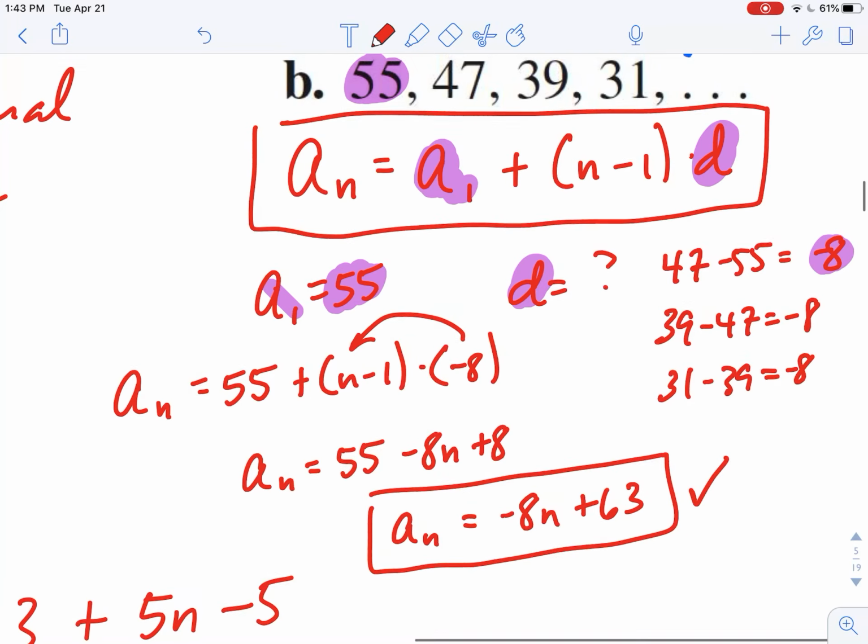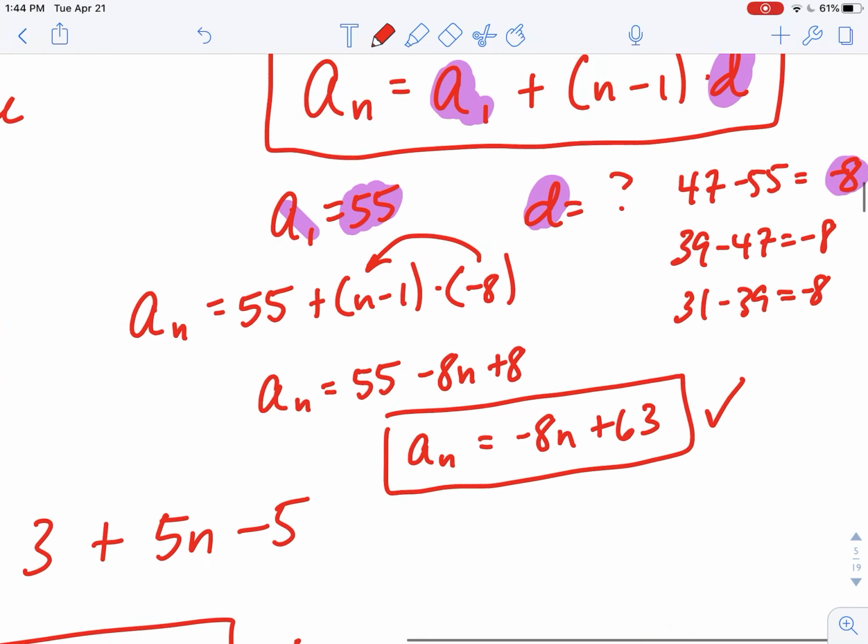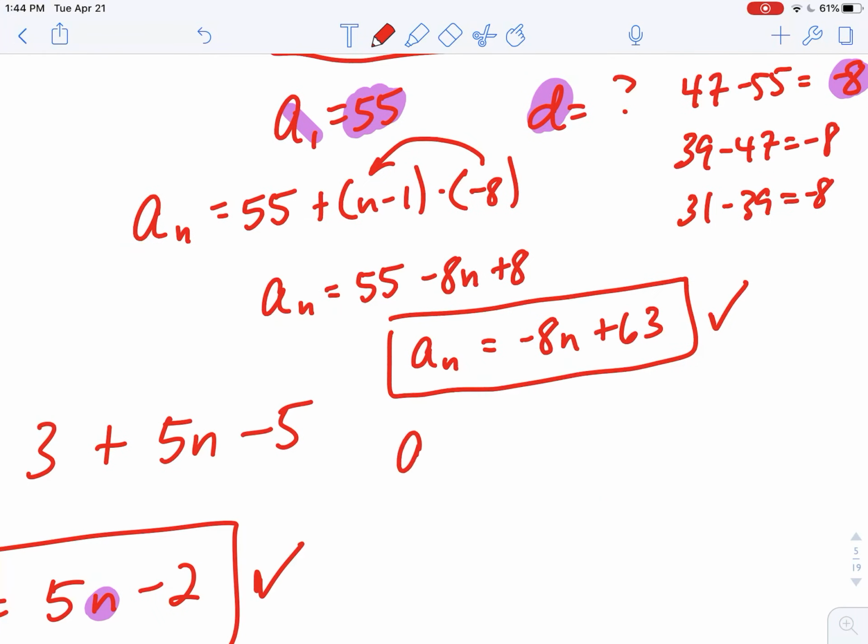The second thing they asked us for is to find the 15th term. So let's use this formula. Again, we're going to replace n here with 15, and that means we have to replace n here with 15. So let's do that. Negative 8 times 15 plus 63.